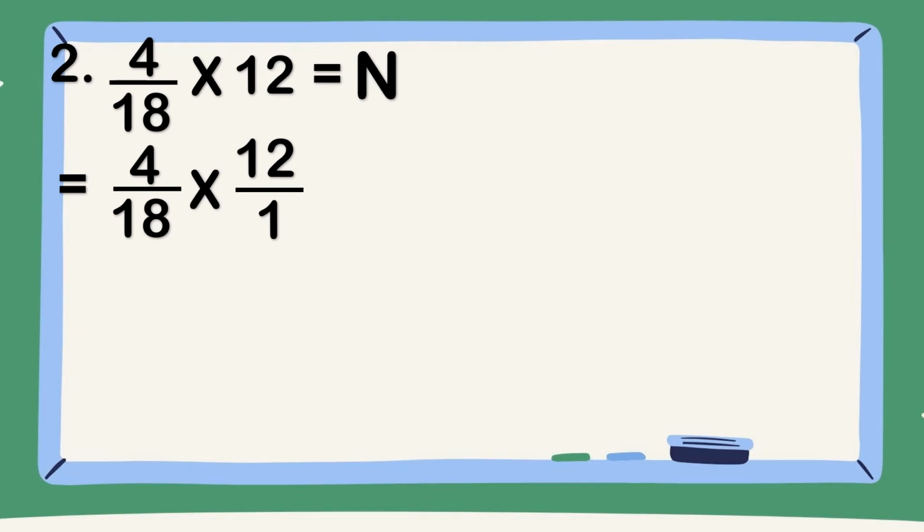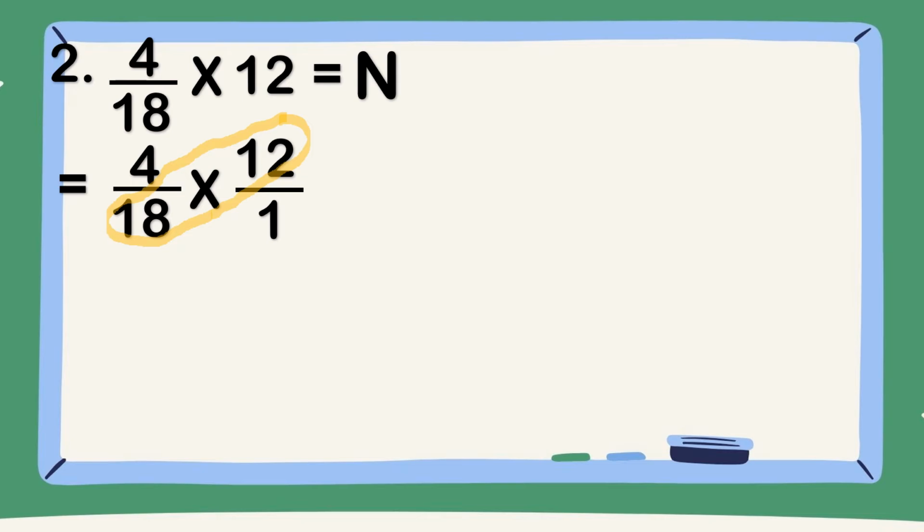So as we can see here, 12 and 18 has a common factor. So we are going to use the cancellation method. Cancellation makes multiplication of fraction quicker and easier. It can be used whenever there is a common factor in the numerators and the denominators.